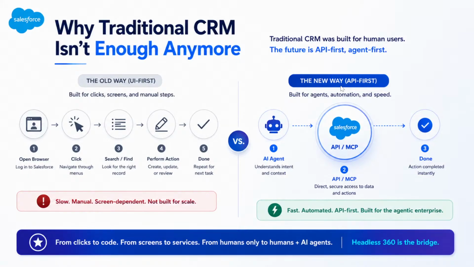Of course, if it is an AI agent doing everything, it would definitely want to interact with Salesforce in this mode. Even if there is a human being who is accessing Salesforce, they are now not willing to access Salesforce this way. They are more willing to access it through an AI agent.